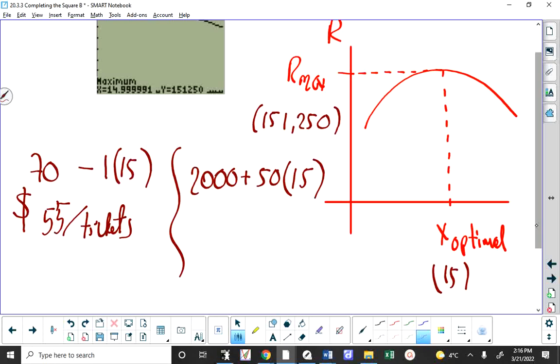I said 2,750. So 2,750 tickets sold. Hopefully if you multiply those two numbers together, you get 151,250. Because if you didn't, then I've done something wrong.